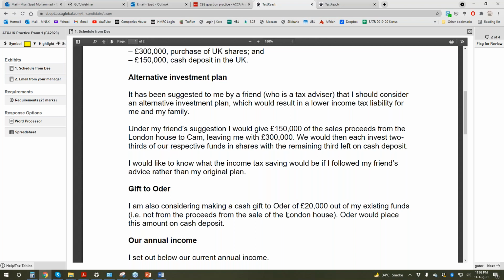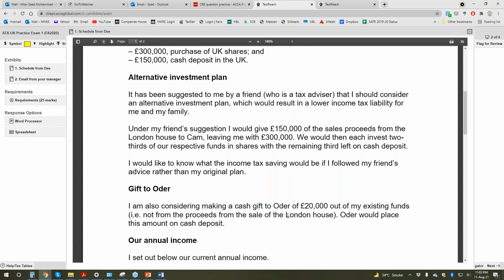Guys, here I would like to stop and tell you a very important rule. If you remember, it was mentioned in the question that the age of Orla is 16 years old. She is younger than 18 years old. Now what happens is, if any income that a child who is younger than 18 years old earns is above 100 pounds, that income will be considered as the income of the parent rather than the child itself.